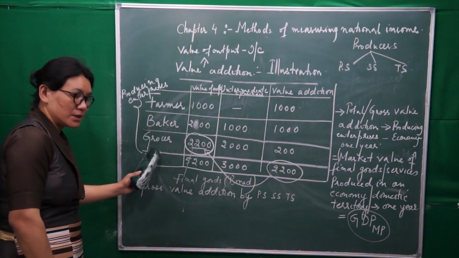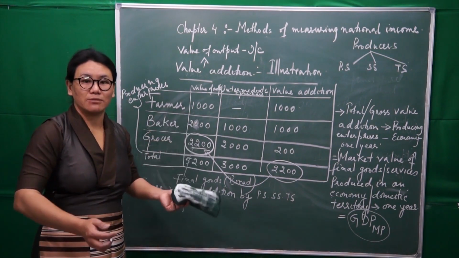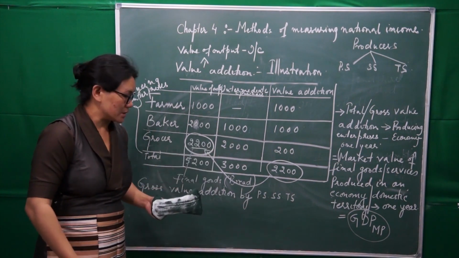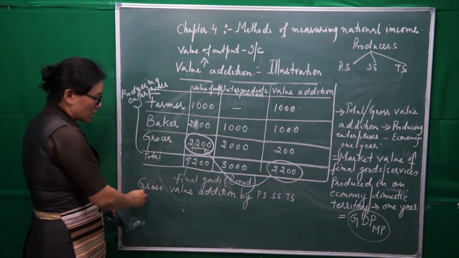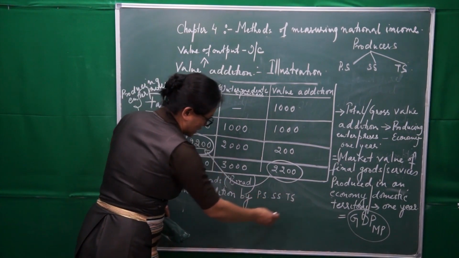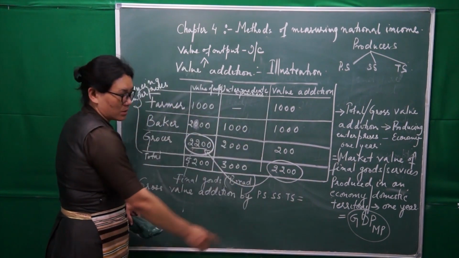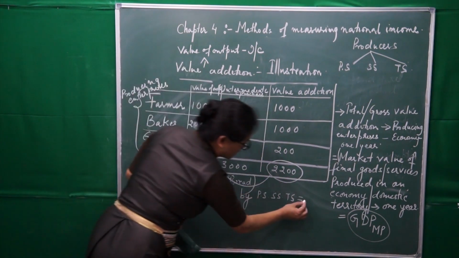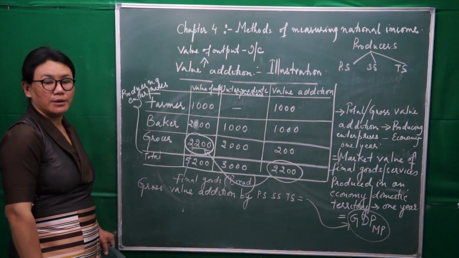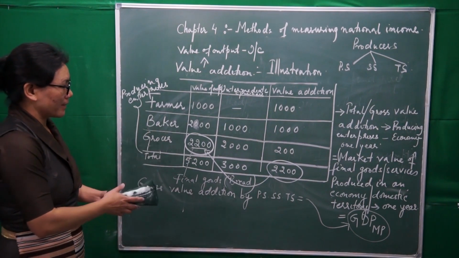Instead of these things, I said producers will be categorized or classified into 3 sectors, that is primary, secondary, and tertiary sector. So gross value addition by these 3 is equal to this one, nothing but GDP at MP. All right?